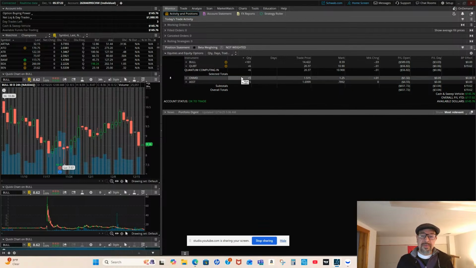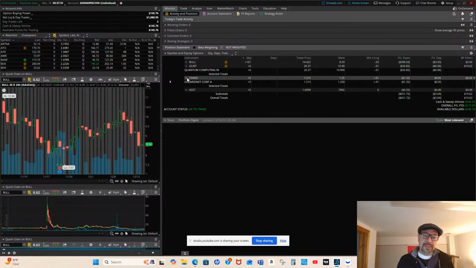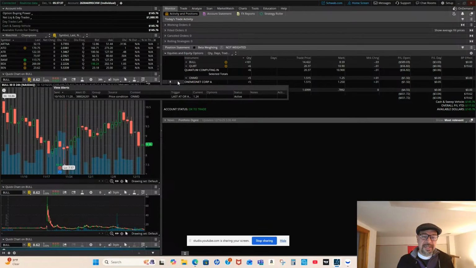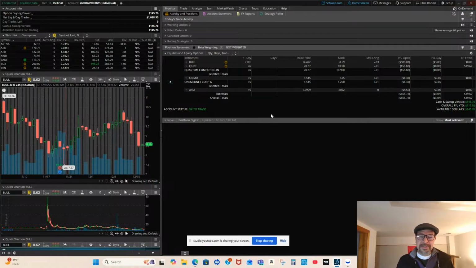And the same thing with these two, both positions that I got into without any real understanding of why. I have an alert on this one that if it ever gets to $1.24, it'll email me or give me a notification so I can go and try to sell it, at least getting the money that I paid for it.